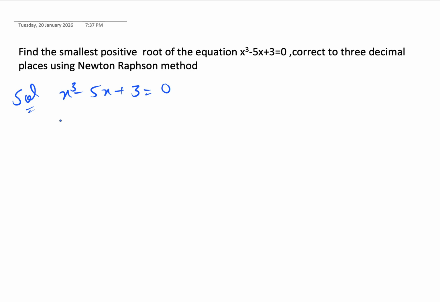So firstly, we need to find out the values of a and b, that will be the interval a and b such that f(a) and f(b) have opposite signs.